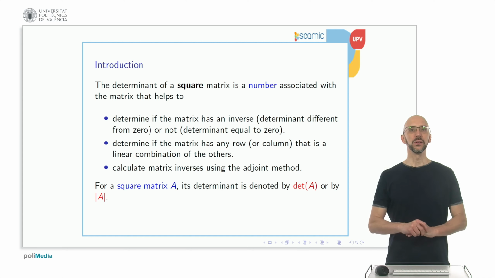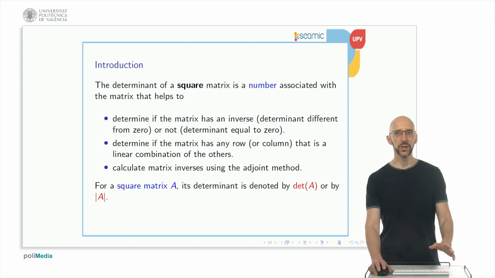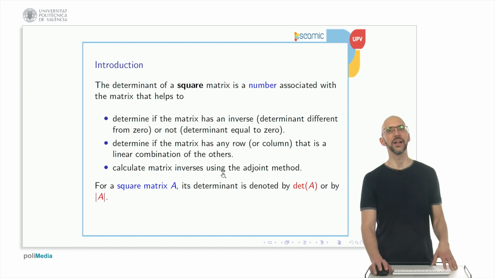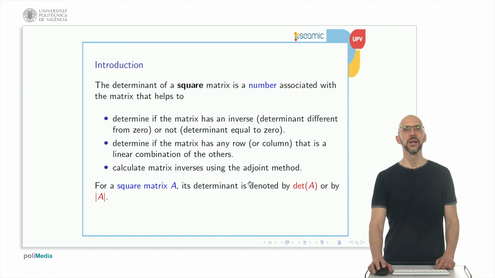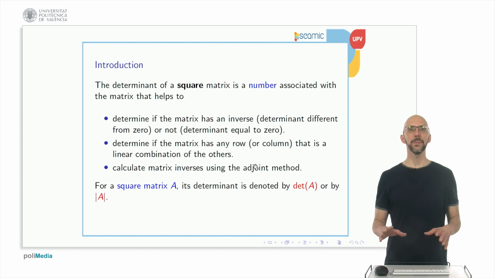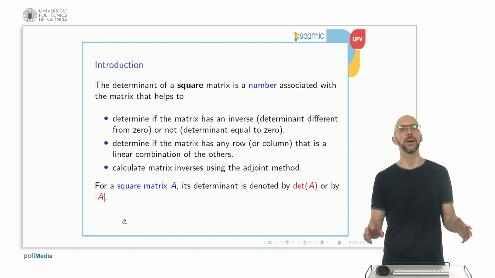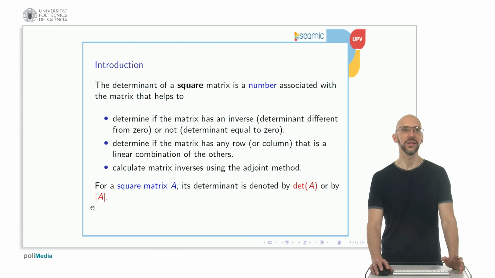Another application of determinants: we can use them to calculate the inverse matrix using something that we call the adjoint method. For a square matrix, its determinant will be denoted by det A, or just A between bars, like an absolute value, but this is not absolute value.